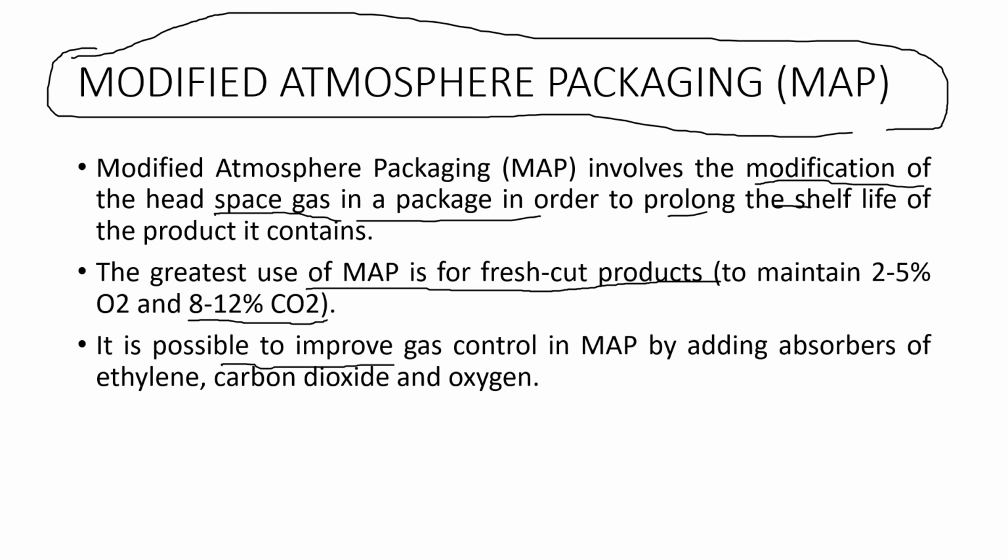It is also possible to improve gas control in MAP by adding absorbers of ethylene, carbon dioxide and oxygen. So this is another improved method. It's a better packaging system than controlled atmosphere. It maintains a good gas proportion so that the food has a longer shelf life and does not get spoiled.